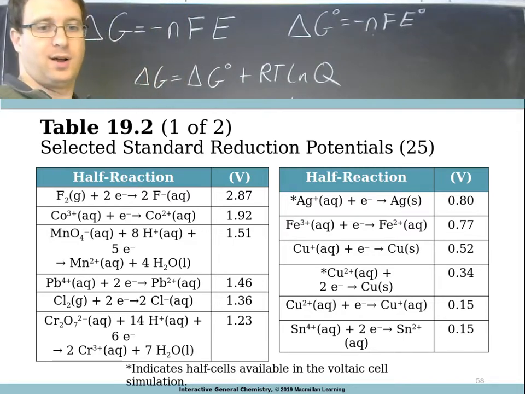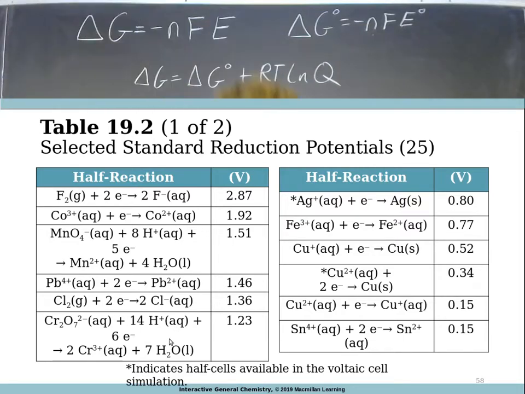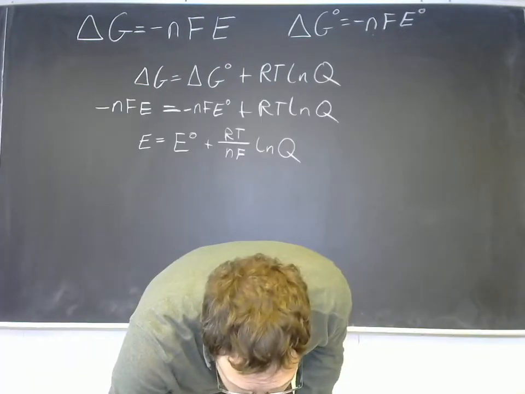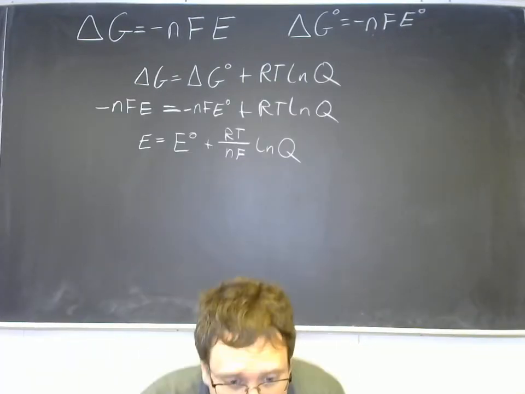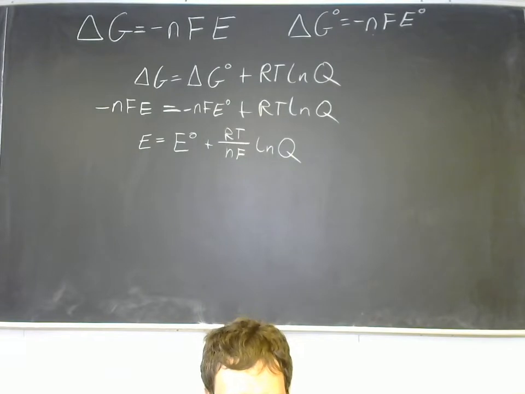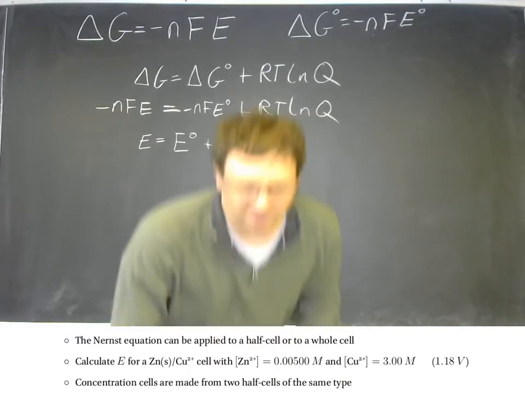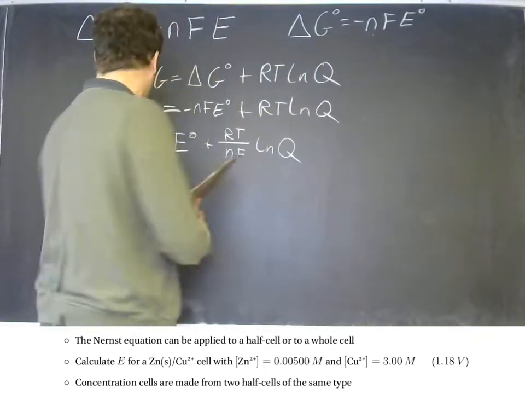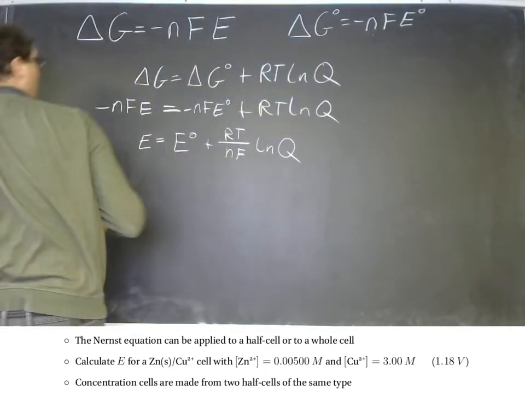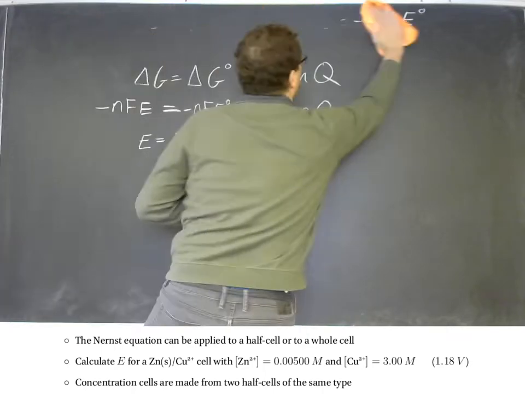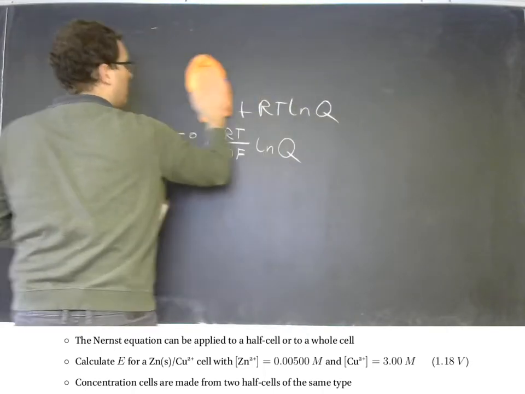But I think what I wanted to do is to just go ahead and apply the Nernst equation to a complete cell. So here we are again with the zinc copper 2+ cell that we've been working with. Let's just remind ourselves about what that equation is.